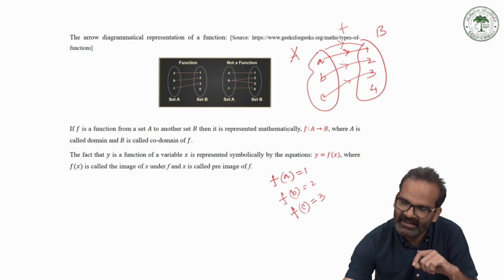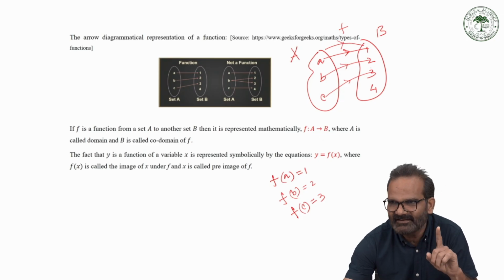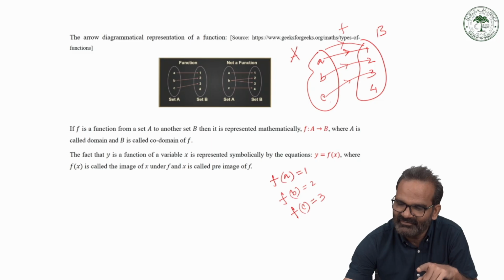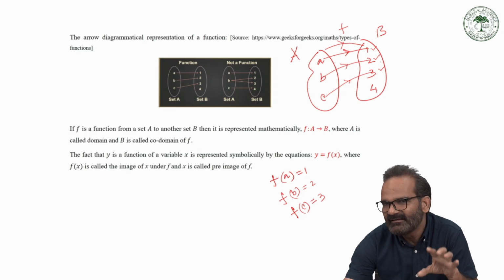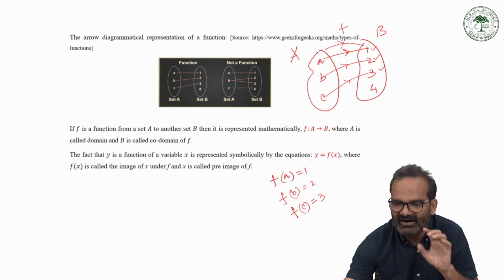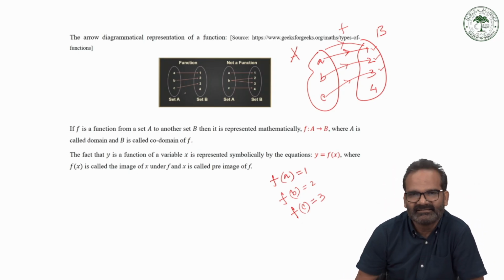The image of B under f is 2, that is unique, right? The image of C under f is 3. All three elements A, B and C have only one image, 1, 2 and 3 in B under f. So this figure represents a function. That is why this is a function.